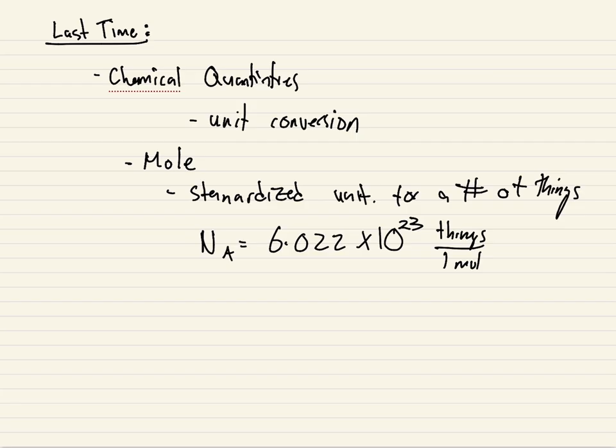And we also talked about another chemical quantity. Does anyone remember what that was? The molar mass, right? And what does the molar mass represent? It's given to us on the periodic table by the atomic mass. And those units are AMU.